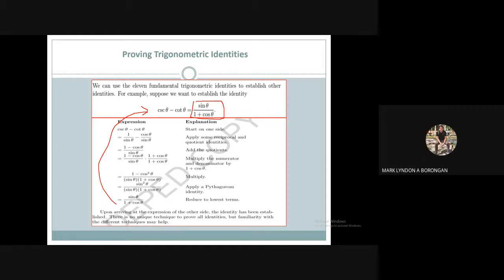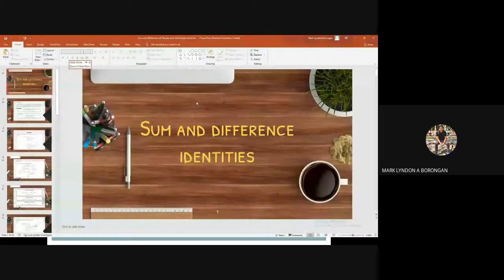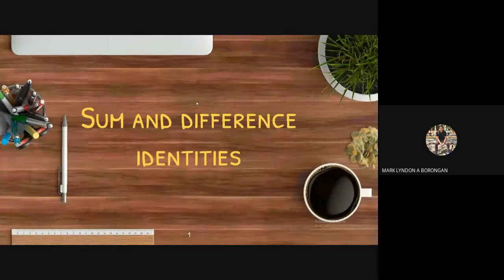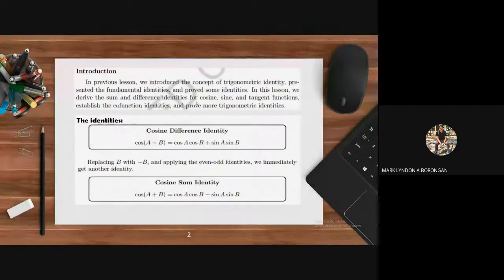Okay, so mo proceed ta sa tong next nga topic. Atong next nga topic is kaning sum and difference nga identities. Na-introduce naman nato ang concept of trigonometric identity sa atong previous nga topic.